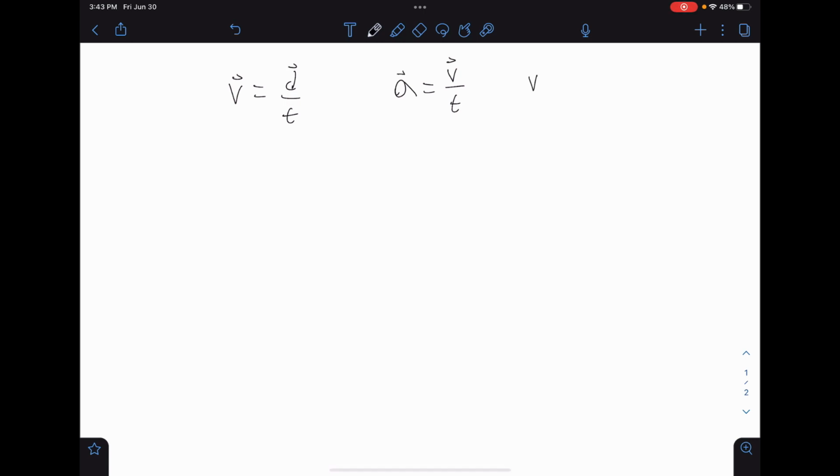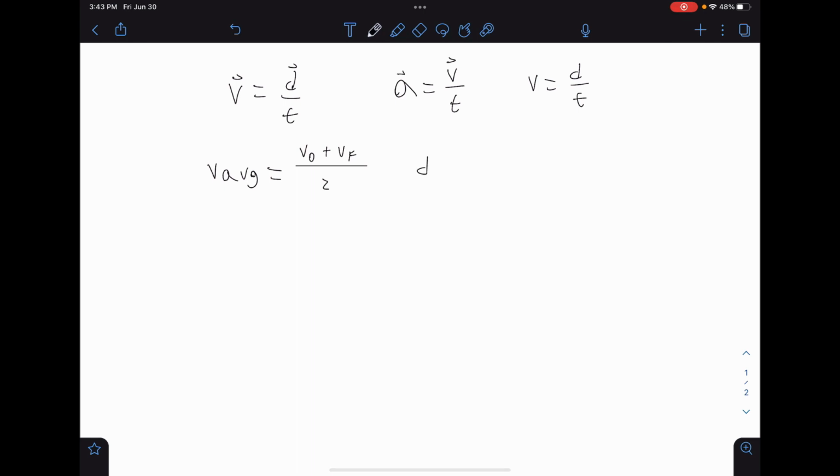Speed, you could probably guess what speed is, the distance over time. Now, is there anything else we need to know? The average. Now, v average, remember, the average of anything is, two things, and then divided by 2, right? So in this case, we have the initial velocity plus the final velocity divided by 2.